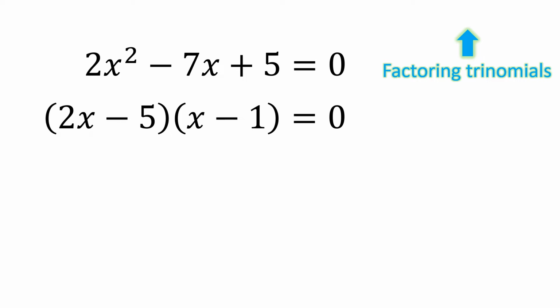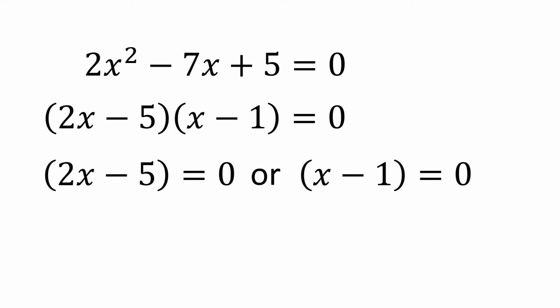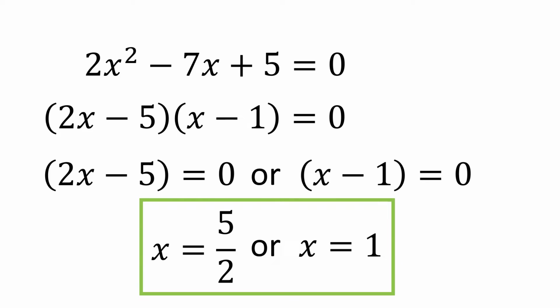Now using the zero product property, we have 2x minus 5 equals 0 or x minus 1 equals 0. Solving these two linear equations, we have x equals 5 over 2 or x equals 1. So therefore, x equals 5 over 2 or x equals 1 is the solution of the equation.